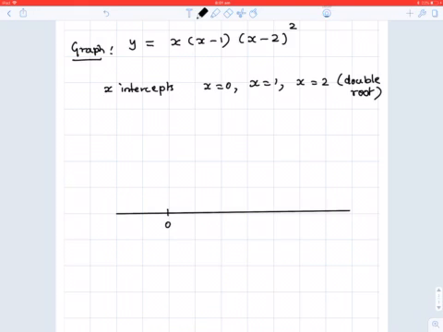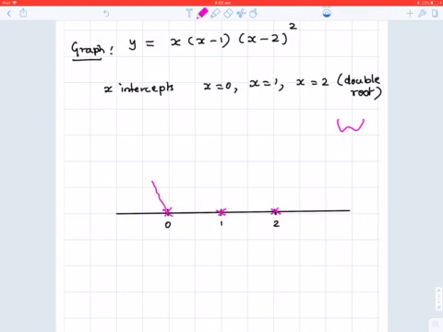Now this is a fourth degree equation, and all I care about are a few values. Maybe I take this as 0, this as 1 and this as 2. The x-intercepts are one here, another here, another here, and this is the double root.